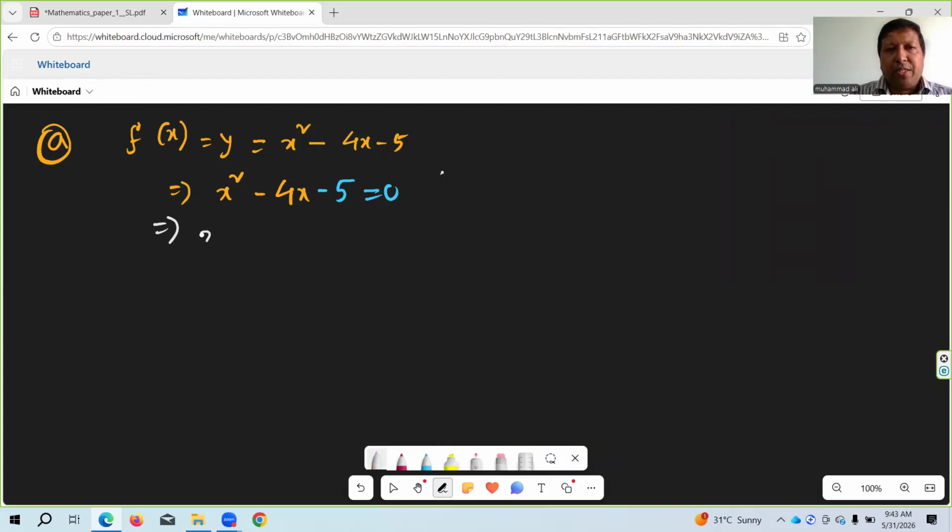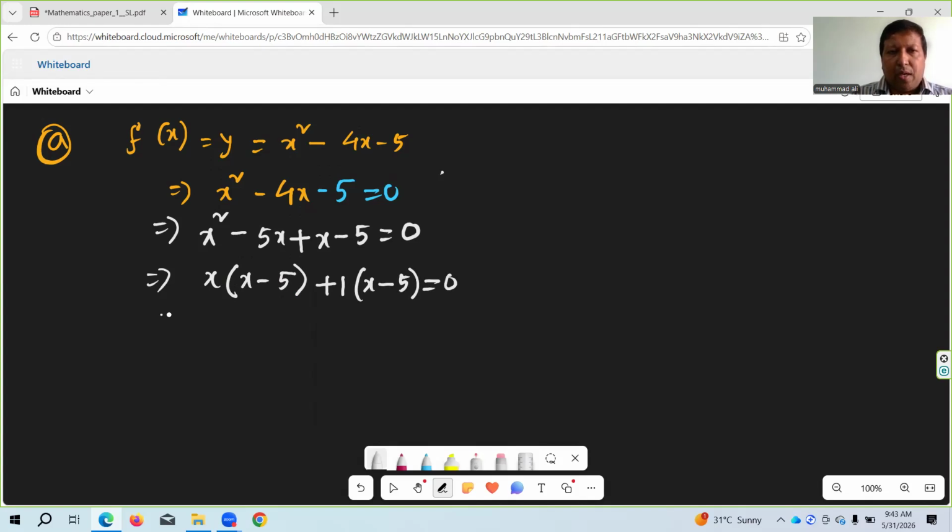Then we have to factorize this: x squared minus 5x plus x minus 5 equals 0. Then x common, x minus 5, plus 1 common, x minus 5, equals 0. It will be (x minus 5)(x plus 1) equals 0.